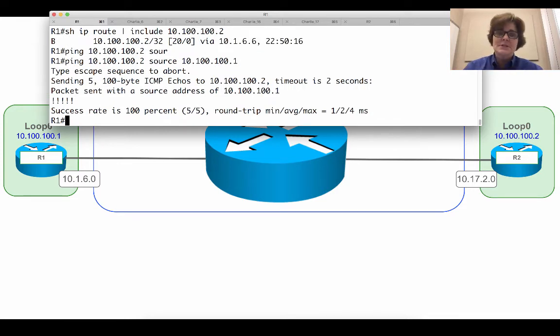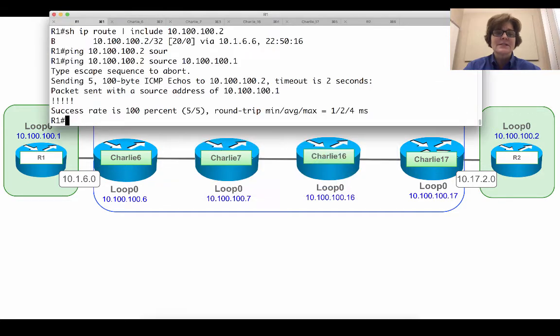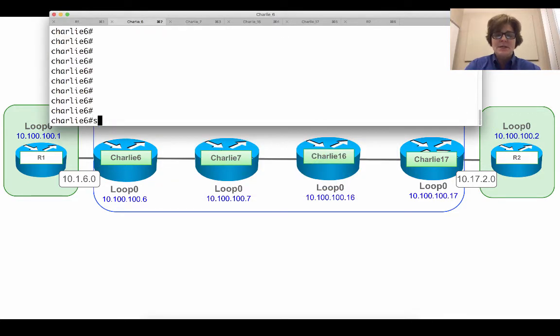Now here's the interesting thing. As I was mentioning, this is not what it looks like. It actually looks like this. If we go over to Charlie6 and say show ip route including 10.100.100.2, as soon as R1 pings, Charlie6 doesn't know how to get there. That is, of course, because we have VRF'd it off.